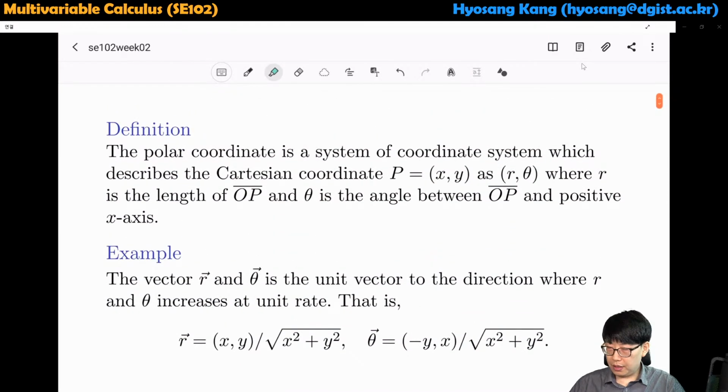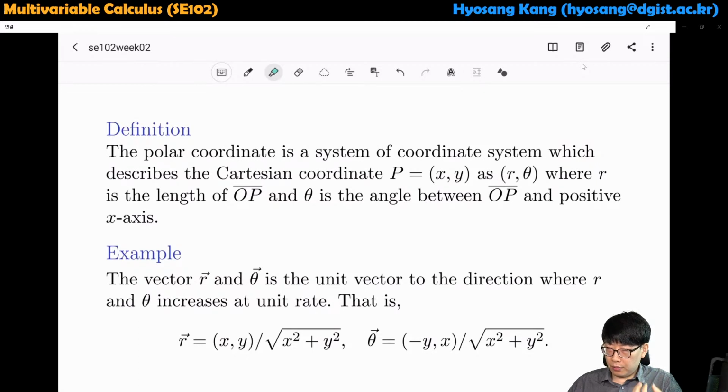Here I want to explain the vector field, another very important concept which appears in physics. The coordinate systems are not only the Cartesian coordinates. There are other coordinate systems. You might know the polar coordinate system, learned in the previous semester.